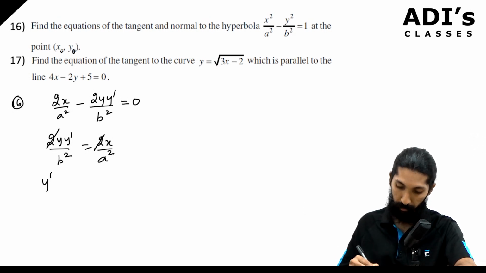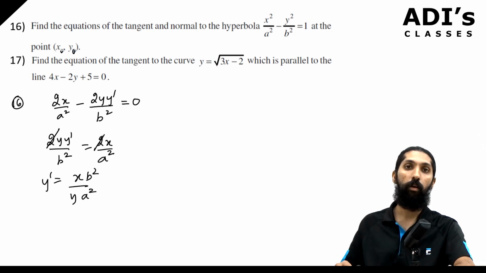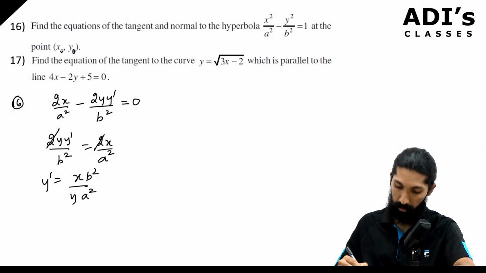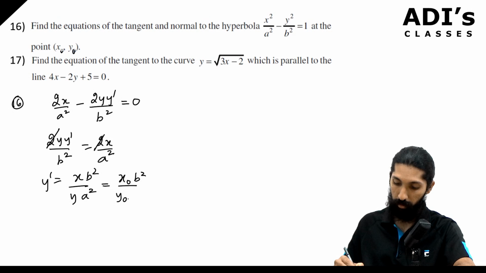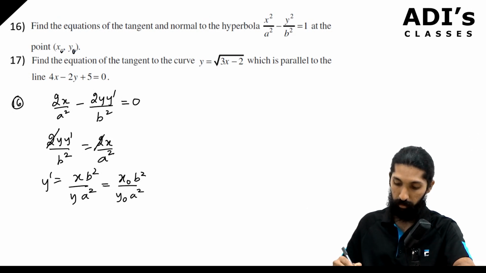So y dash becomes x into b square by y into a square. Substitute the value of x naught and y naught. So you'll get this as x naught b square by y naught a square.